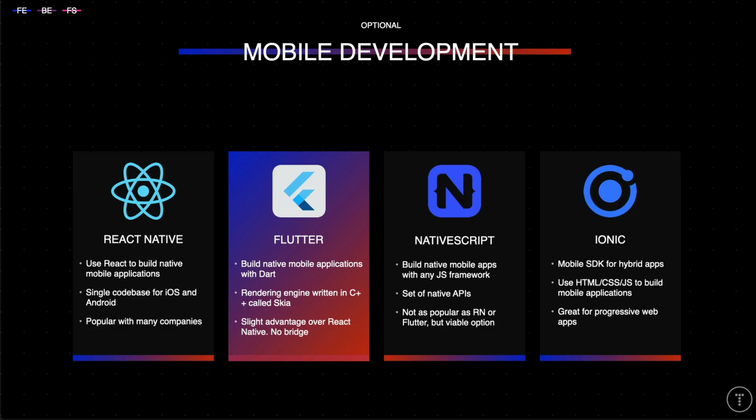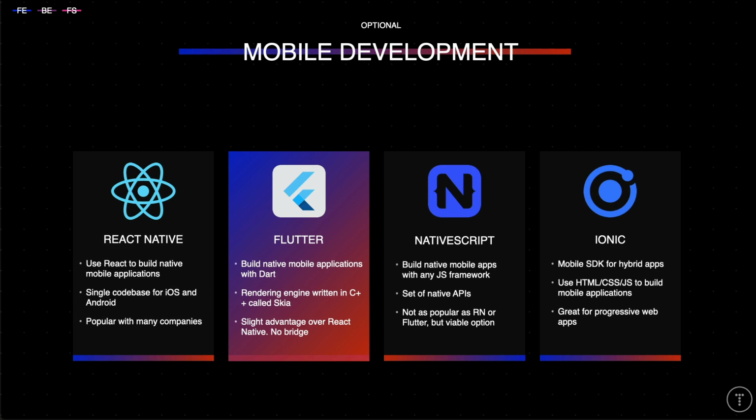Flutter uses its own rendering engine written in C++ called Skia, and I know that they were working on a new rendering engine called Impeller, but I'm not positive if that's been released yet. Now, Flutter does have a slight performance advantage over React Native because it doesn't use a bridge to communicate with the native components like React Native does, but these are two of the most popular options of their kind.